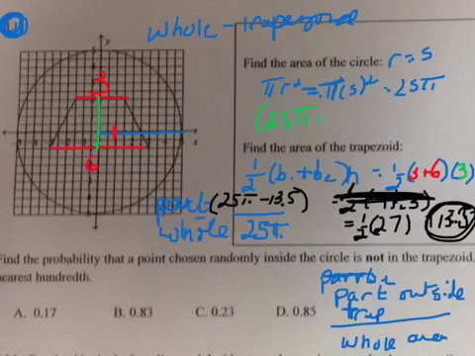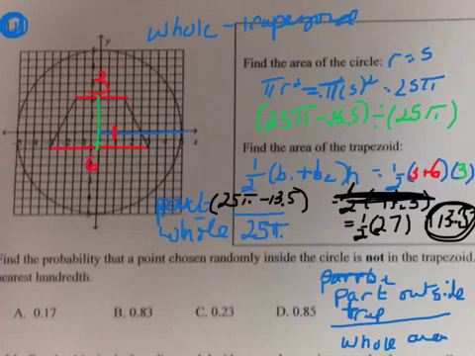Then subtract 13.5, close your parentheses, and put a divide sign. On the bottom, I would put 25 pi in parentheses just because the calculator might think you wanted to divide by 25 and then multiply by pi if you don't put the parentheses there. So I'd put the whole top in parentheses and the whole bottom in parentheses.